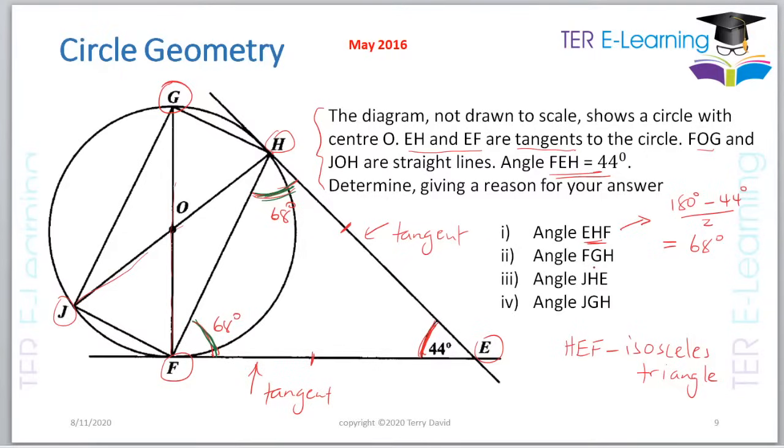The next thing they want us to find now is FGH. So you go to the diagram and try to see where FGH is. FGH is this angle here. So what is angle FGH? Look at the diagram. Tell me what you think.